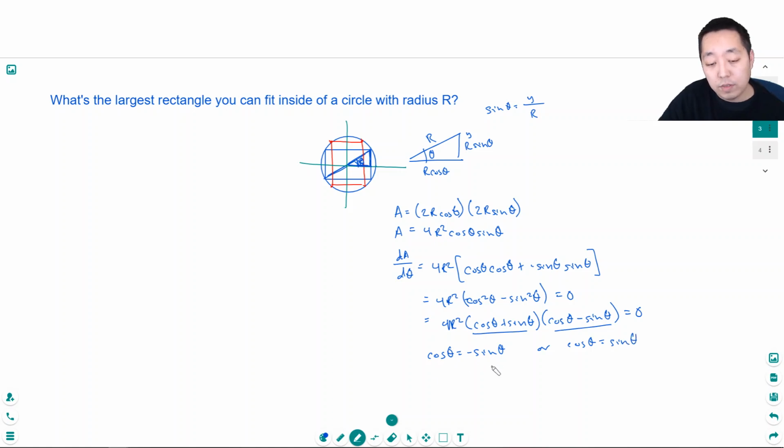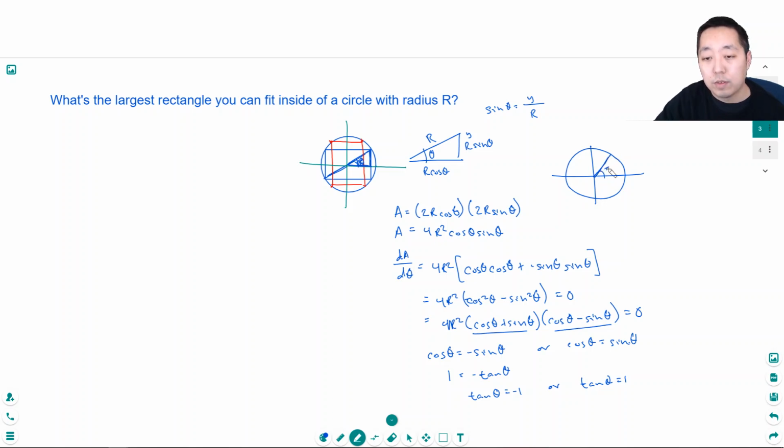If I divide by the cosine, I get 1 equals negative tangent theta, so tan theta is equal to negative 1, or here tan theta is equal to 1, because sine over cosine is tangent. In my unit circle, when it's 1, this is at pi over 4.